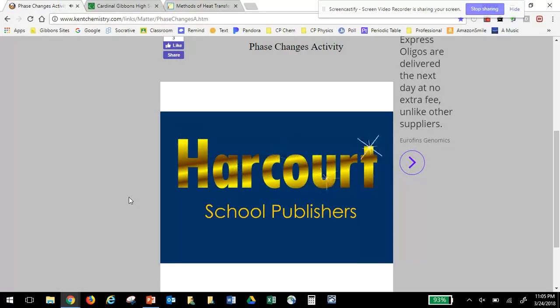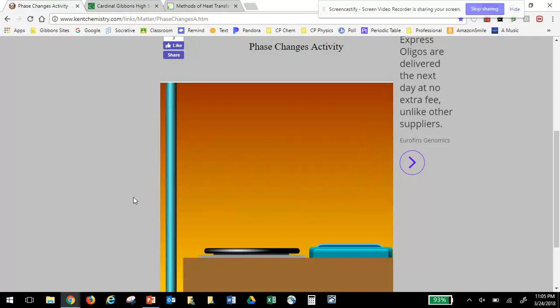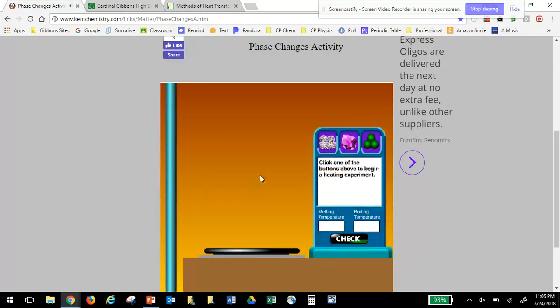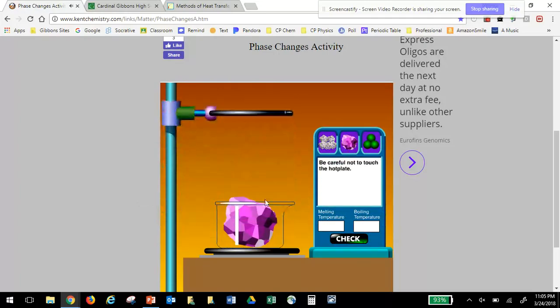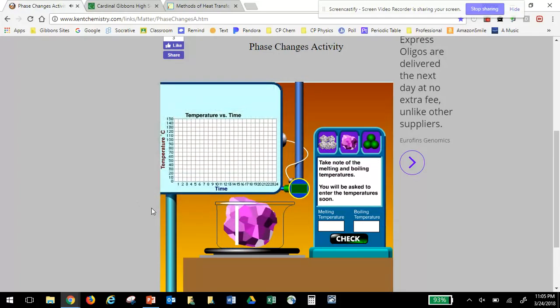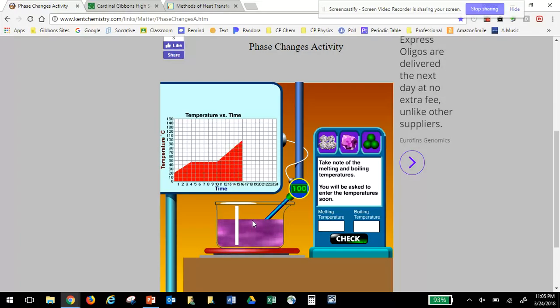What we did here was we experimented with a few things, and you could choose a substance, and what you were supposed to witness as the substance was heated up was, at first it heats up, it changes temperature, and then when it's melting, as you can see here, the temperature stays the same. It's right there at 47, and that keeps going until it becomes all liquid, and then it heats up again, and then it stops heating up again when it boils.